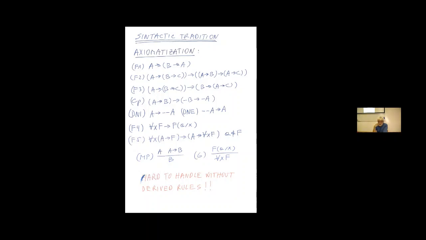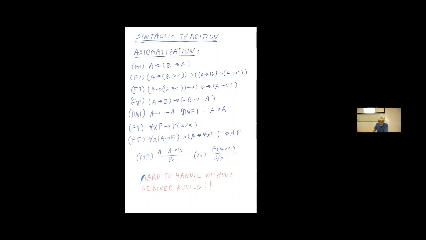But if you ever had to do something with such an axiomatic system, you'll find that it's really very hard to handle. For example, if you want to prove that if A, then A is a valid formula, the trivial one, you have to have some time to work out that it is derivable from this proposition.